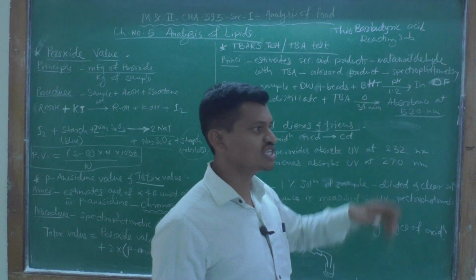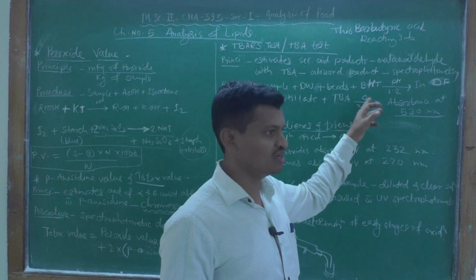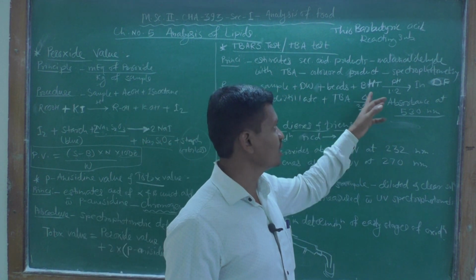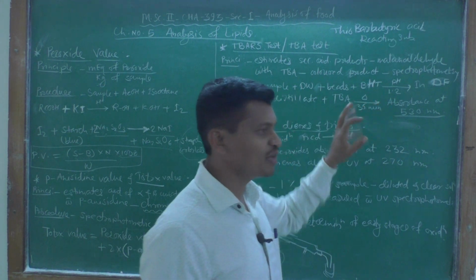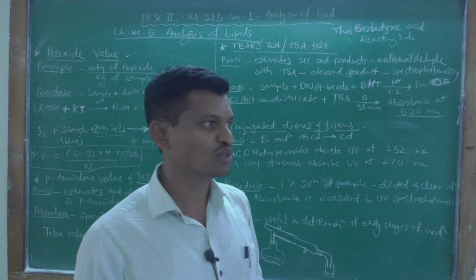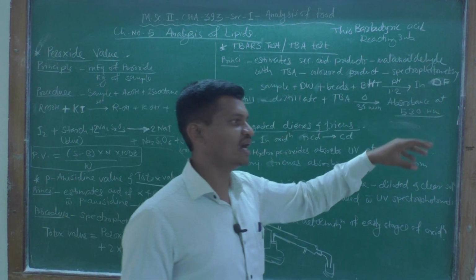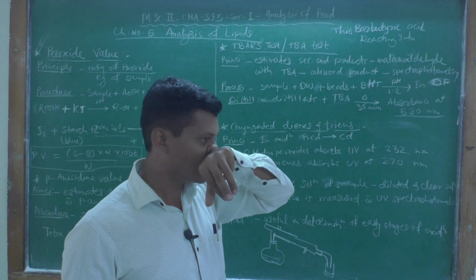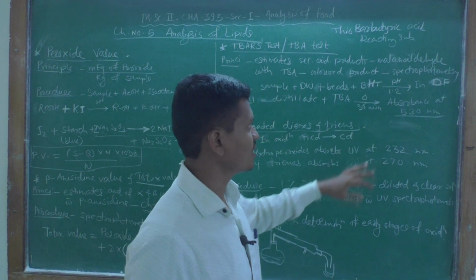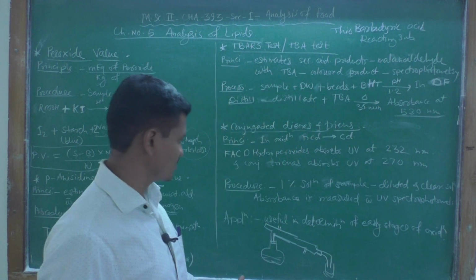Then some BHT, butylated hydroxytoluene, is generally added. It is optional; if one wants, it may be added. The pH is adjusted to 1.2, which is a very highly acidic pH, by adding an acidic buffer solution. All these contents are taken in the distillation flask.